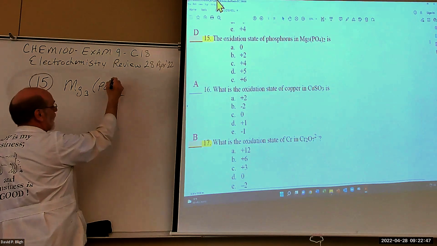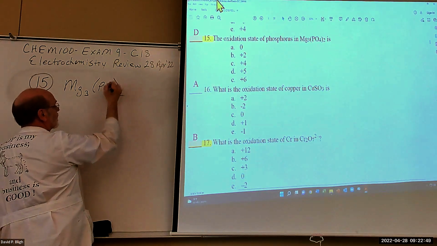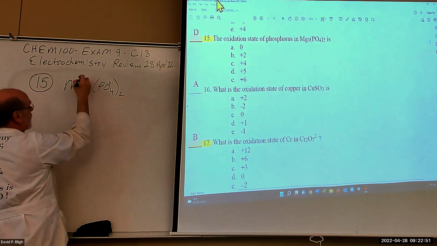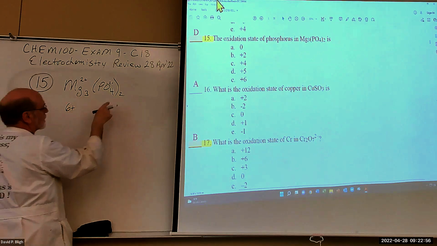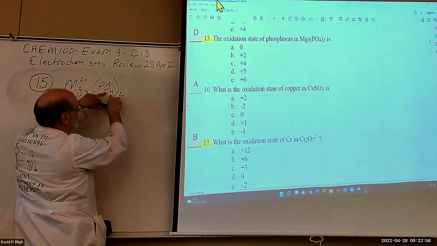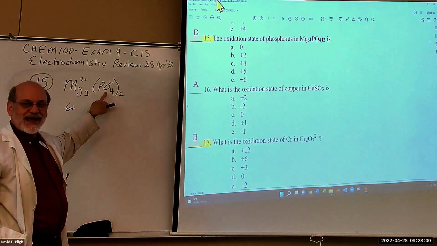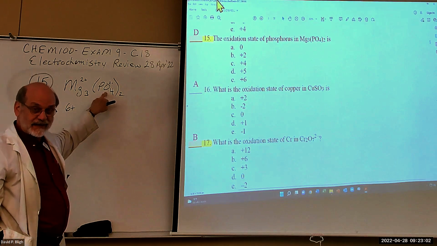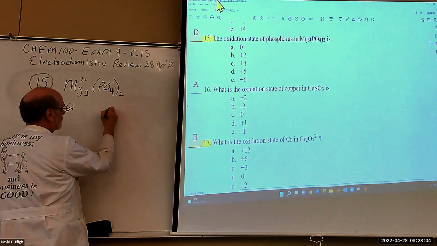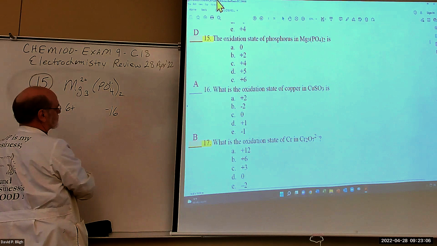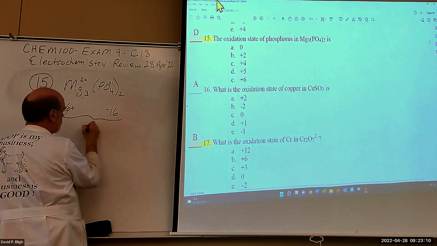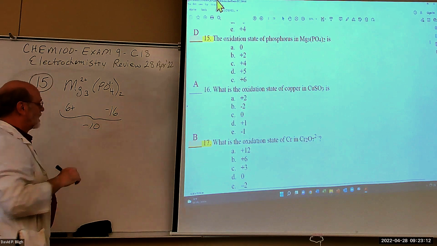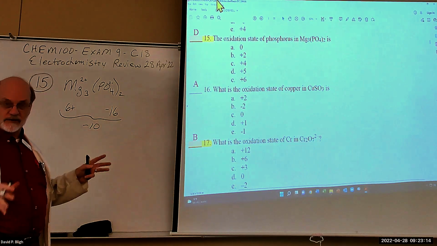If we do it this way, oxygen is still 2-. Magnesium is 2 plus, so it's a 6 plus here. We have 4 times 2 minus is 8 minus times 2 is 16 minus for oxygen. Right? So we have a minus 10 that has to be balanced by phosphorus.